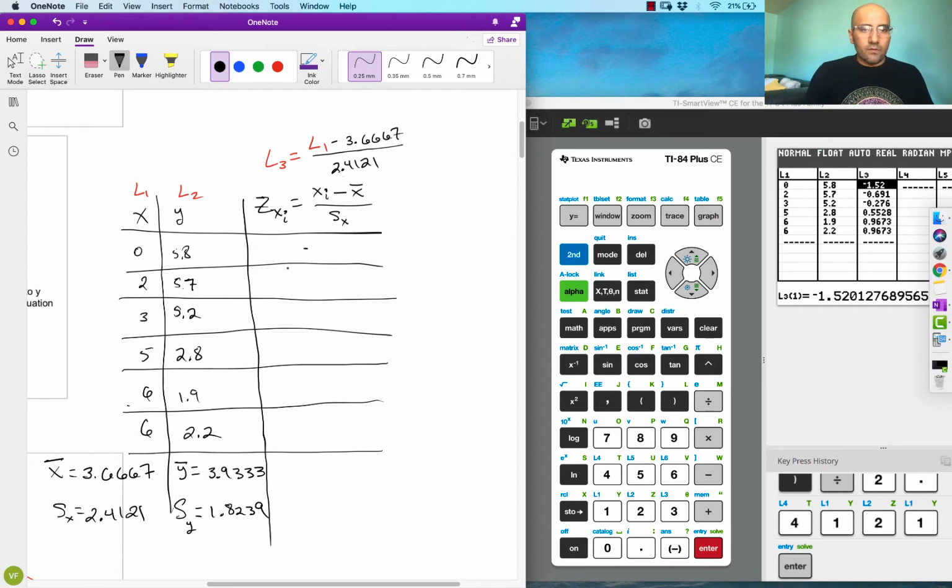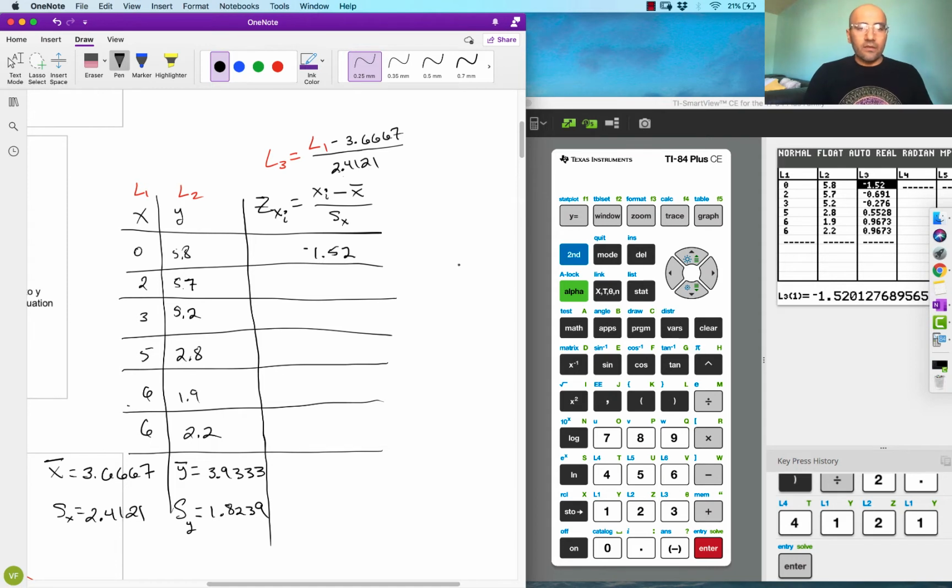So this is negative 1.52. And now if I want a more detailed answer, right, so let's just round it off a little bit, but the more detailed answer is down here. But just for the purposes of this, I just want this to drive the process. Ultimately, I'm keeping all my accuracy in my calculator.